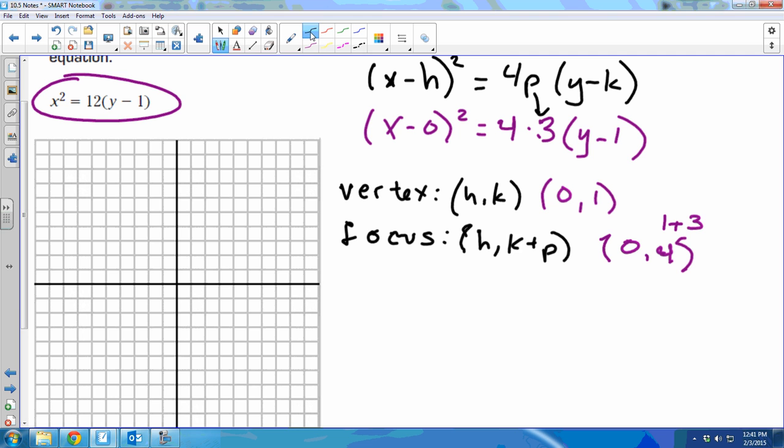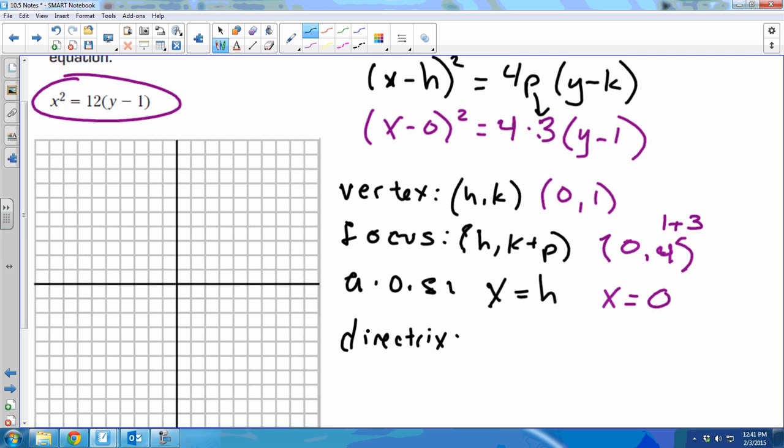Going on the list, the next one we have is the axis of symmetry. I'm going to abbreviate. It takes a long time to write. And it says it's at x equals h. So in this case, that is the equation x equals 0. The last thing is the directrix, which is that y equals k minus p.